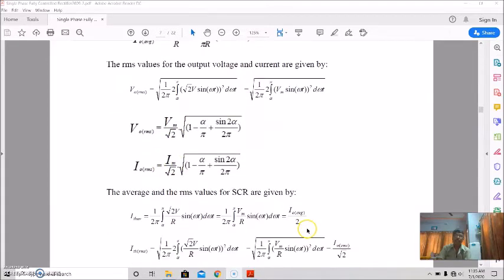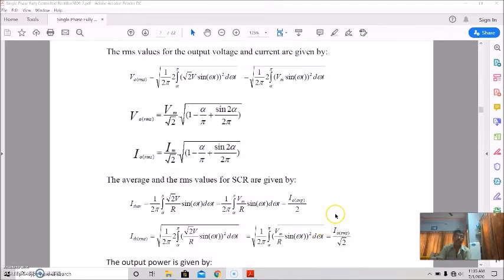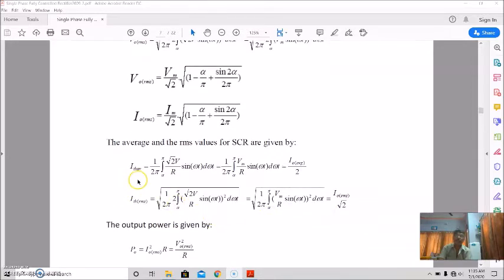The average and the RMS value of the SCR are given by this. This is the average value of the thyristor or SCR, equal to 1 by 2 pi integration over alpha to pi of root 2 V by R sin omega t d omega t, and that comes to the average value of the output current divided by 2, I average by 2.